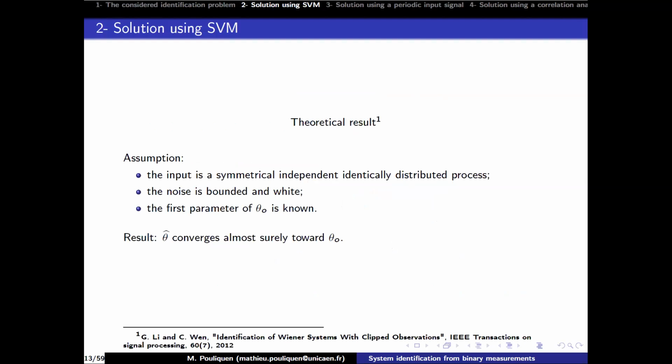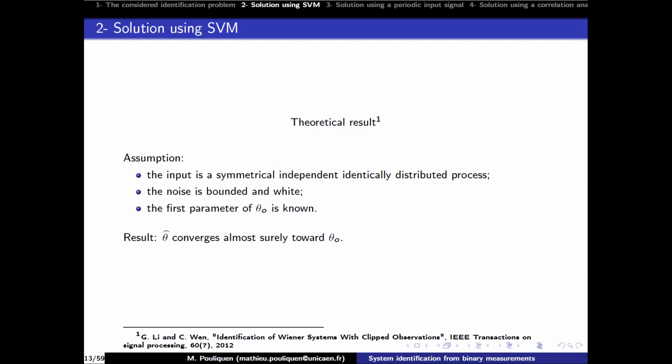Just a short theoretical result in order to show that some results have been given. This result depends on some constraining assumptions on the input, for instance.